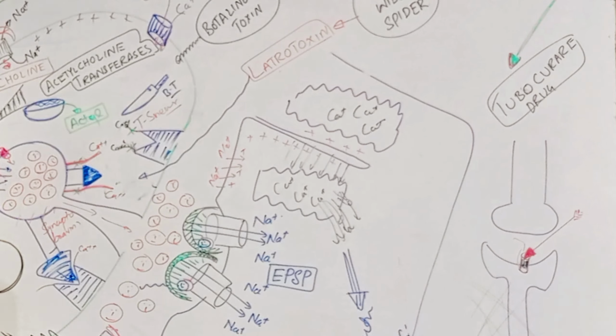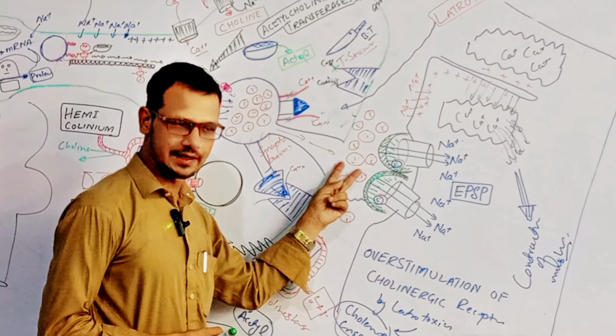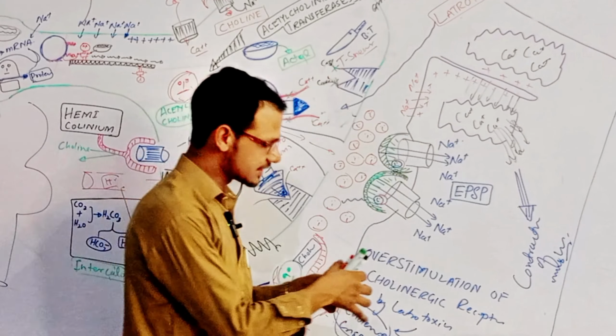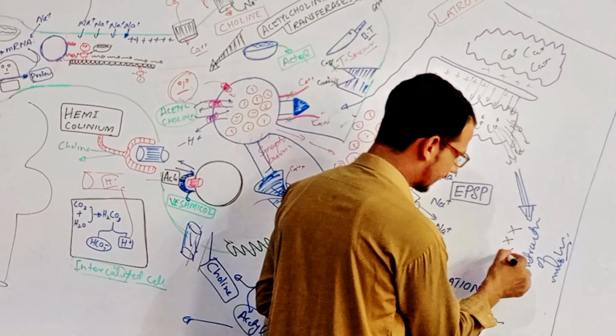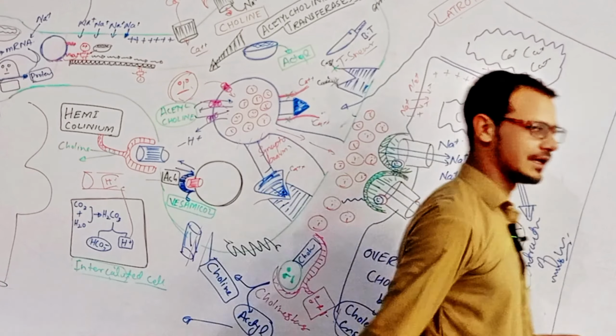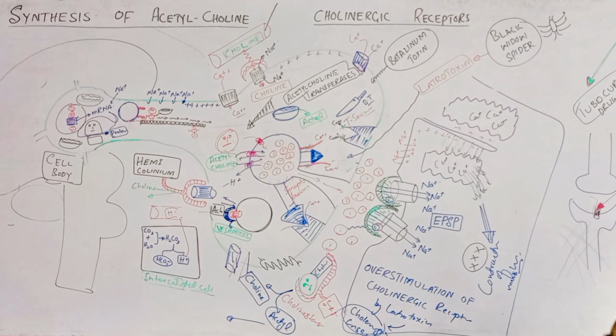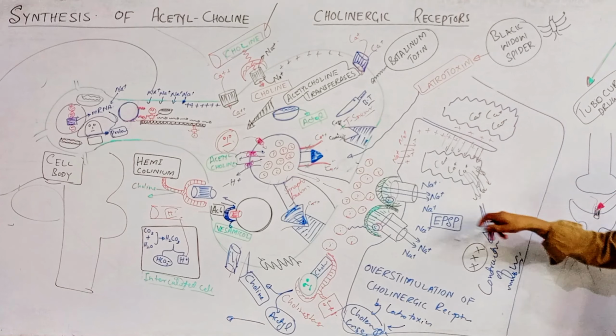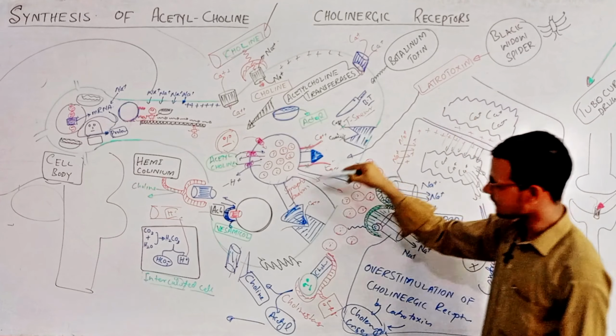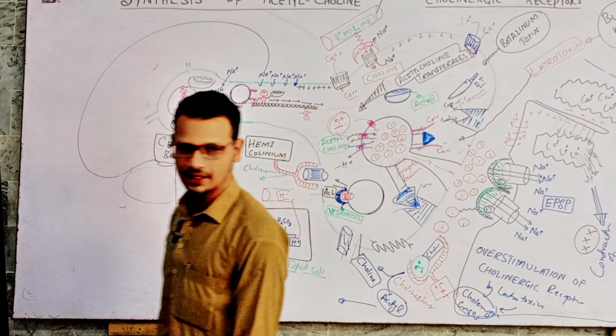Contraction will be inhibited and the muscle will remain in a relaxed position, in a paralytic stage, right? So these are the effects of some drugs on the neuromuscular junction, and this is the formation of acetylcholine.